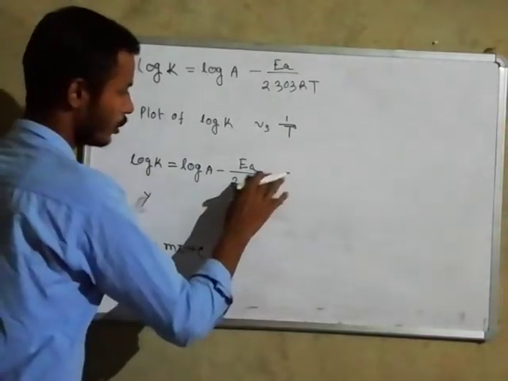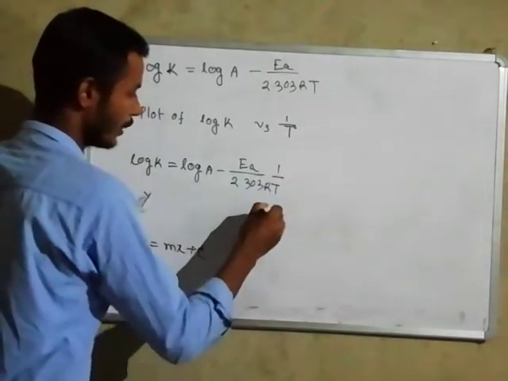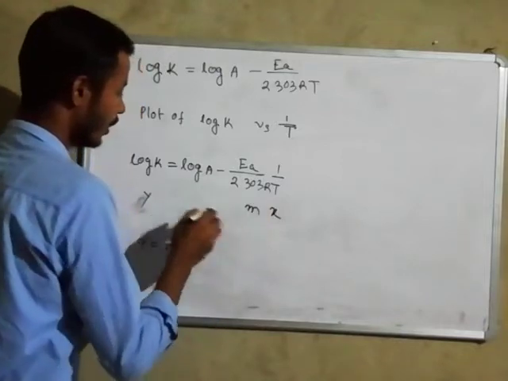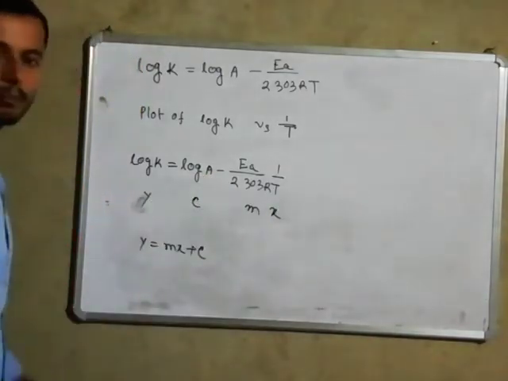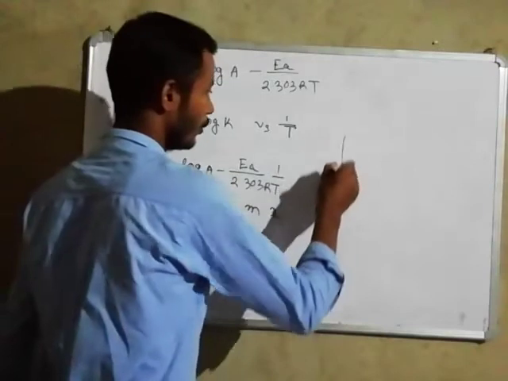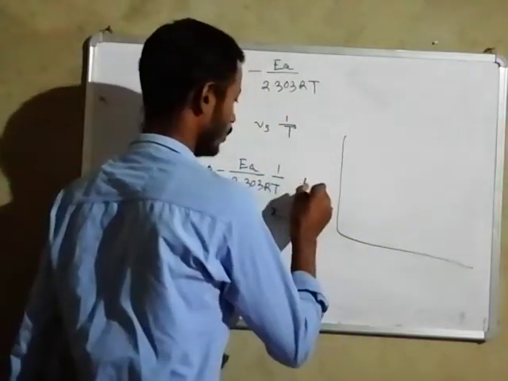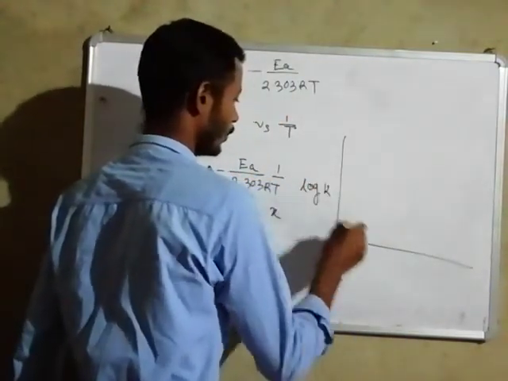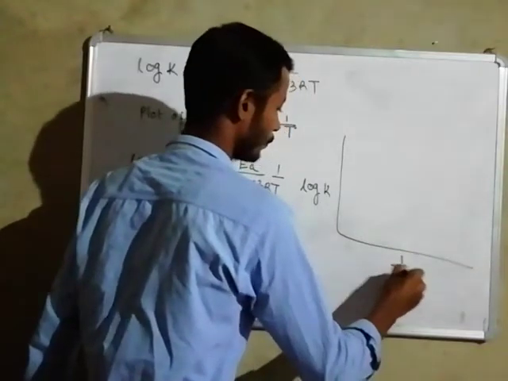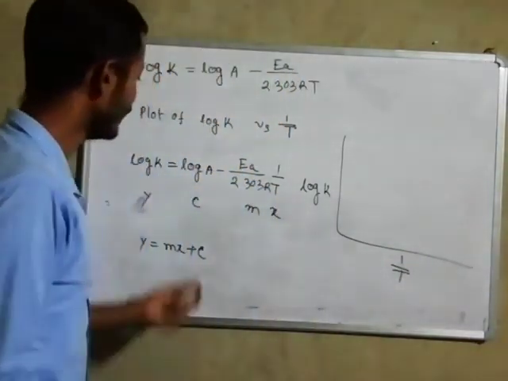This 1/T is x. Then this will be m, and this will be c. So what will be the plot? Log of K versus 1/T. So there is an intercept.